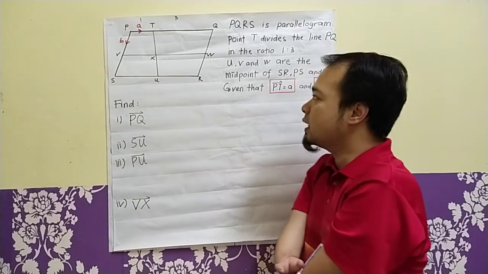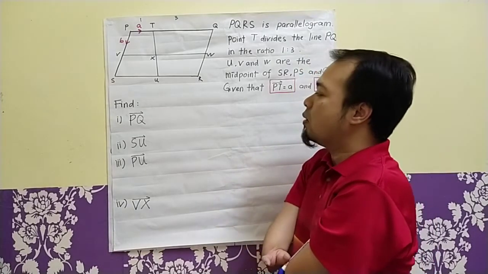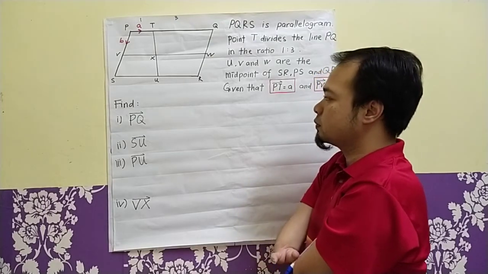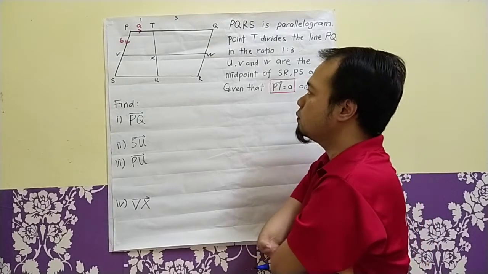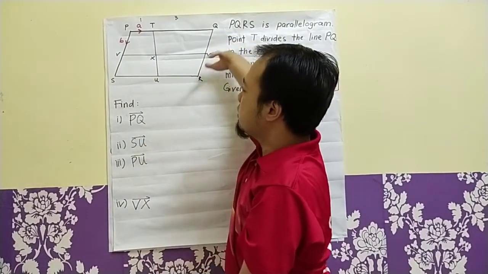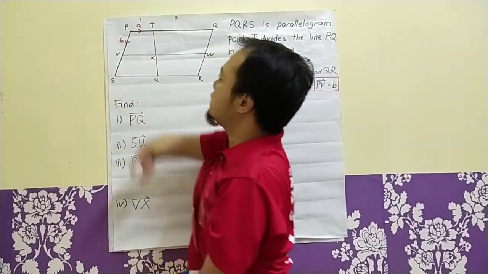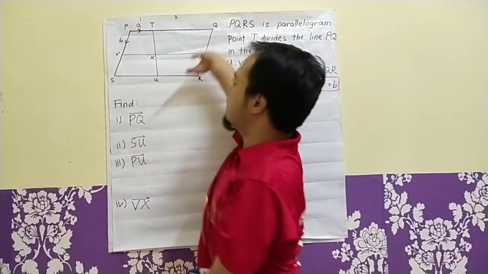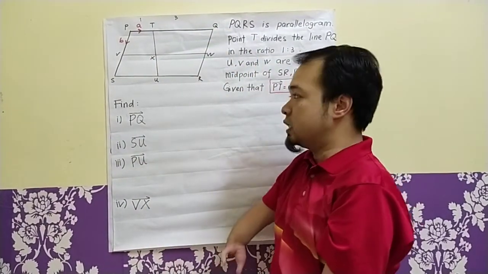From the parallelogram, find the vector PQ. P is here, Q is here. Given that PT is equal to 1A, which is 1 unit, and TQ is equal to 3 units, which is 3A.